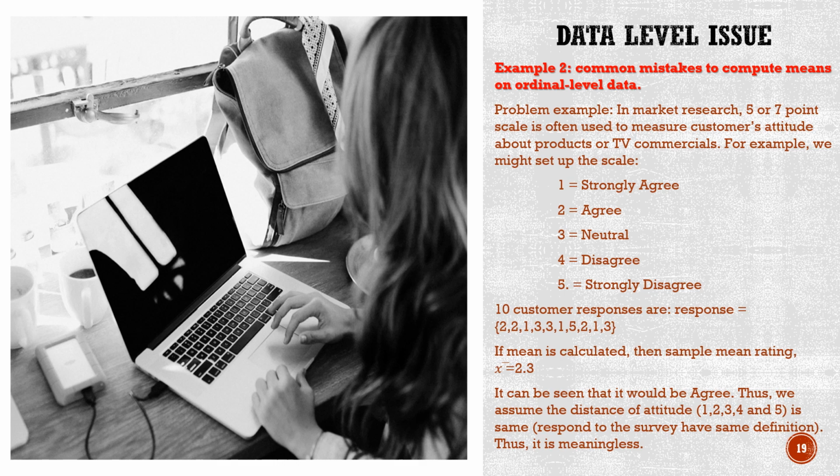Again, if you treat the numbers as true numbers, most probably you'll calculate the mean. This is also a misleading analysis. Why? Because firstly, these numbers only represent a coding for each of these categories. Secondly, this category is ordered, or ranked.